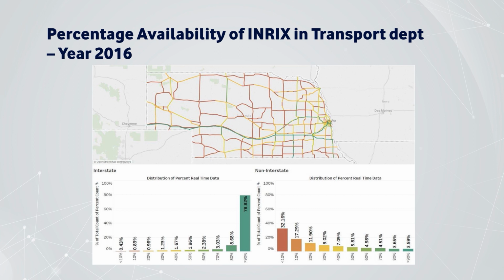So particularly we have taken this route, the green route, and you can see that this was coming from... this is covering the I-80 route, Interstate 80. You can see that the whole Nebraska state is divided into two parts, interstate and non-interstate here.